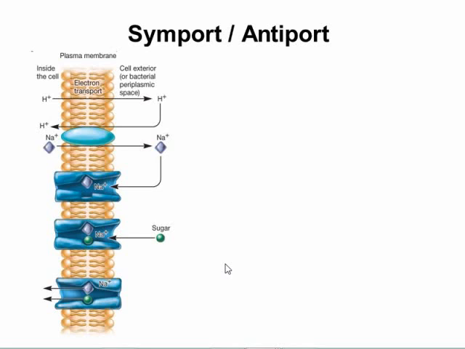So, as part of their energy metabolism, bacteria have a proton gradient across the plasma membrane. So there's a higher proton concentration in the periplasm than in the cytosol. And this is one of the forms of metabolic energy in bacteria.